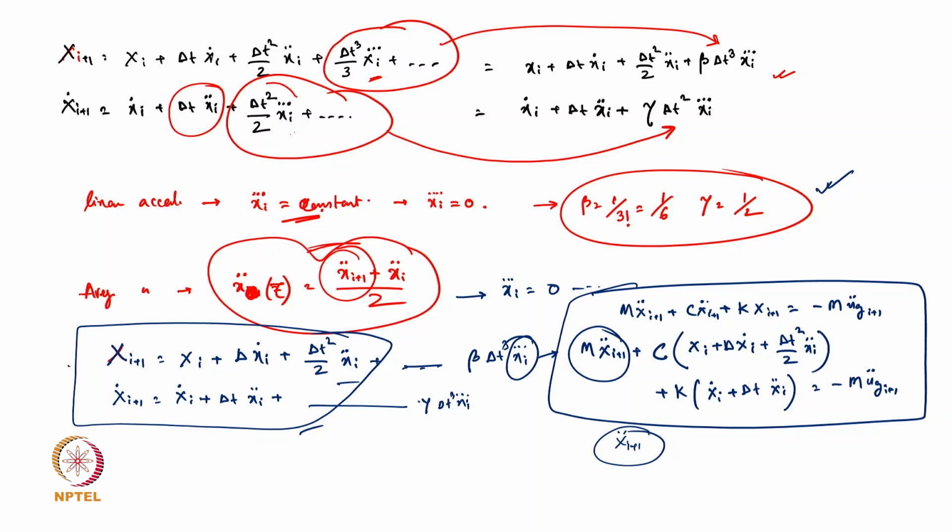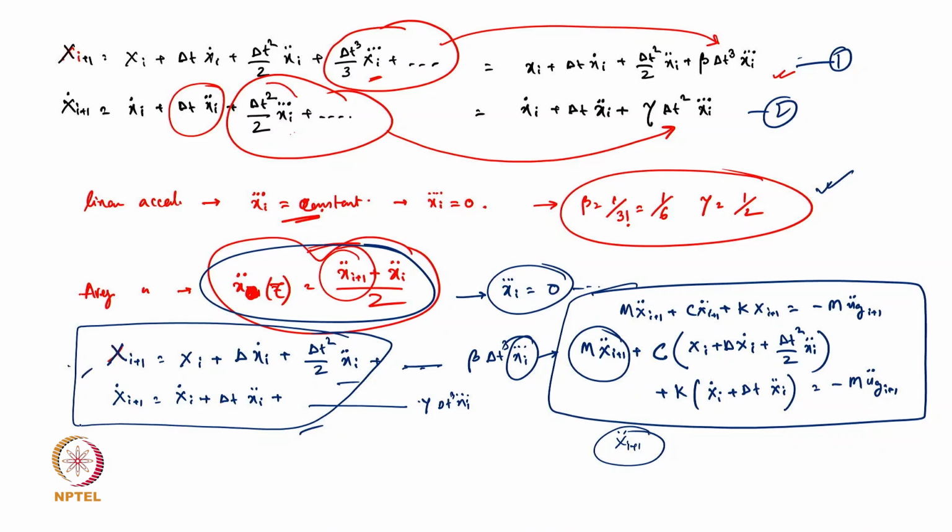Now in the average acceleration case, if we are considering that due to the average acceleration the jerk is becoming 0, and we start substituting that similar concept into the original Newmark beta equation, meaning this one, like 1 and 2, if we substitute jerk equal to 0 in 1 and 2, then what will happen?